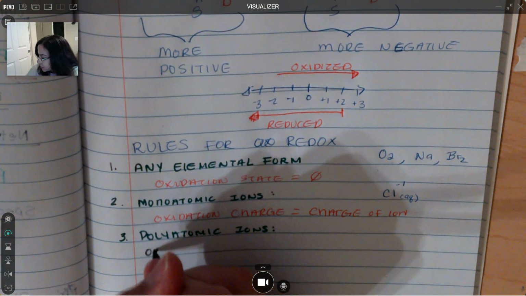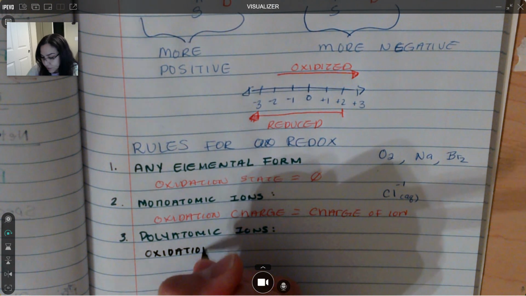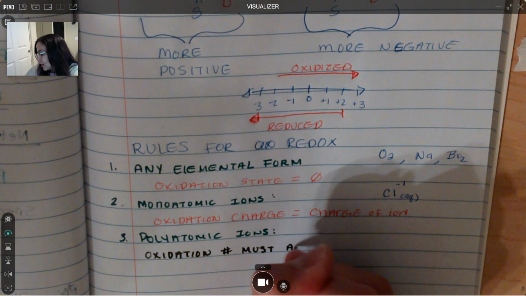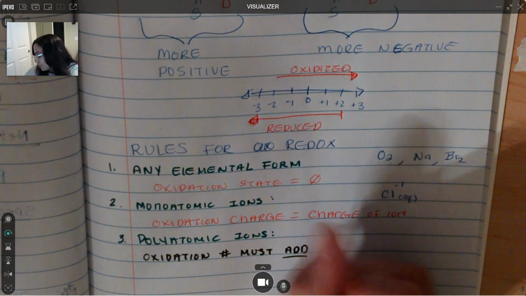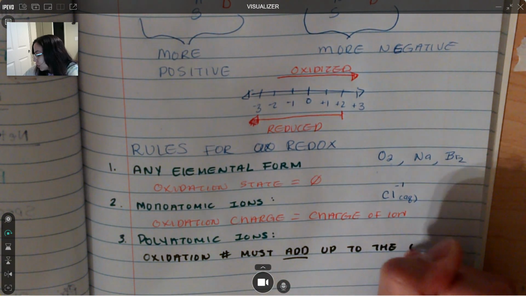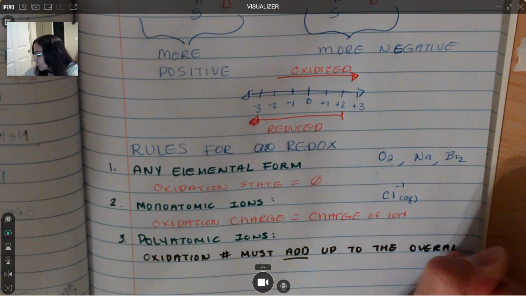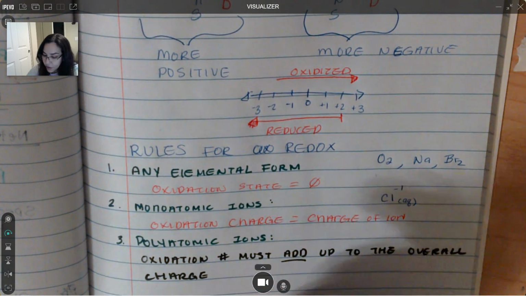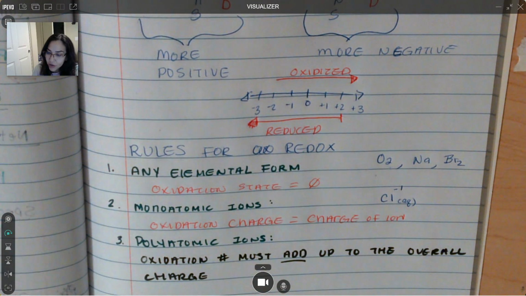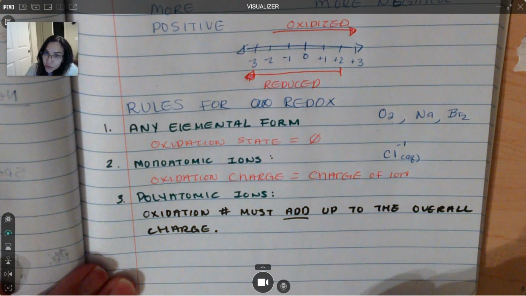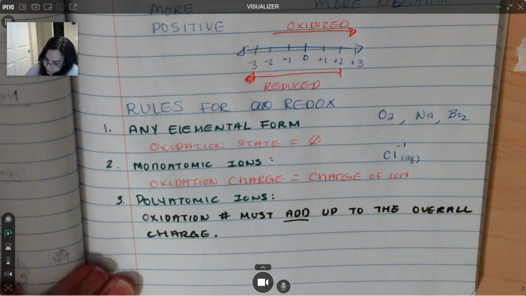Your oxidation numbers must add up to the overall charge of the ion, or of your compound that you have right there. So it must add up to that overall charge. It's going to be 0 for any neutral compounds.